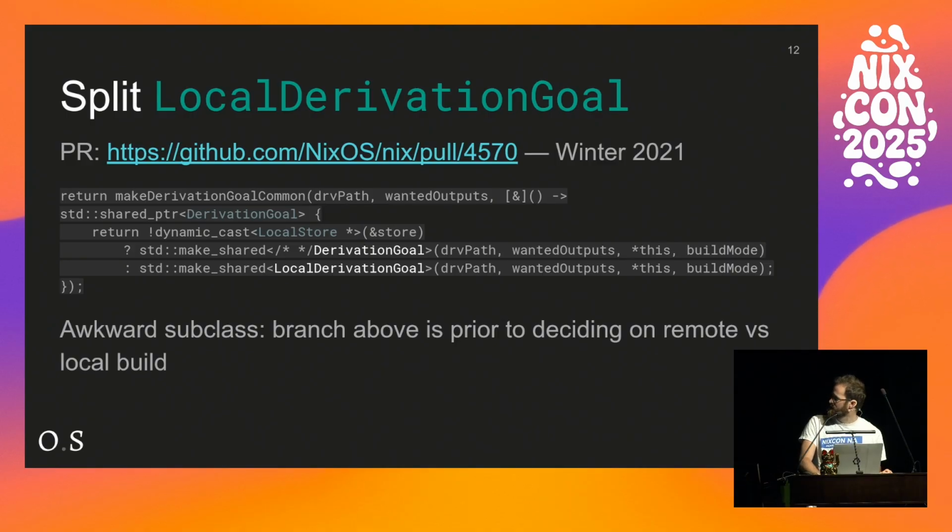So this was again sort of trying to make things better, but not really fully succeeding. And this was 2021, and it kind of just sat this way, an incomplete job, for a while.